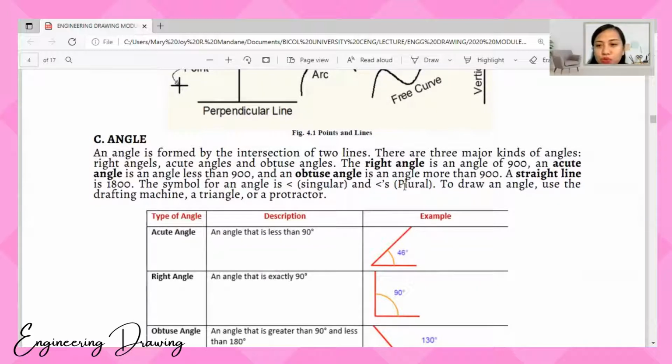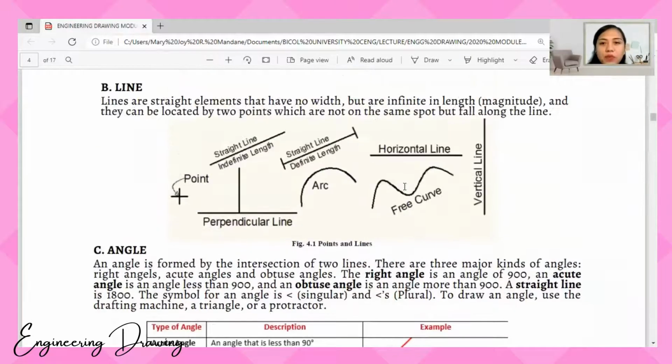So to draw an angle, use a drafting machine, a triangle, or the protractor. Okay, by the way, these lines, as you can see, there's a horizontal line, straight line, indefinite line, horizontal when lying flat, and vertical line when upright, free curve, this is arc, and this is perpendicular.